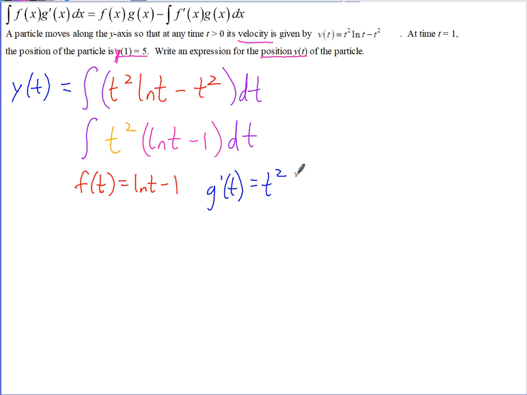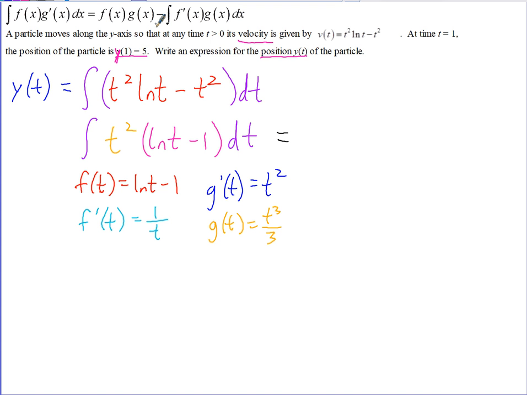So then we can take the derivative of this one, f prime of t is just 1 over t, derivative of negative 1 is 0. And when you integrate g prime, you get g of t, you get t cubed over 3. So now we can rewrite this one.